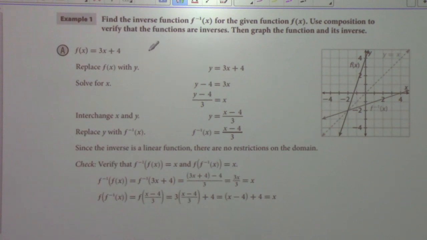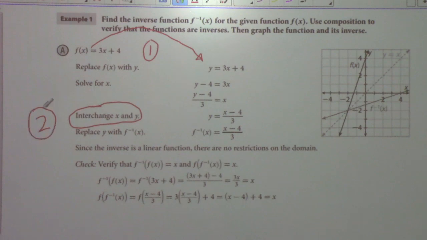We have step 1, we replace f of x with y. Step 2, we interchange x and y. So I'm going to rewrite this as x equals 3y plus 4. You see that? So I just switched x and y.